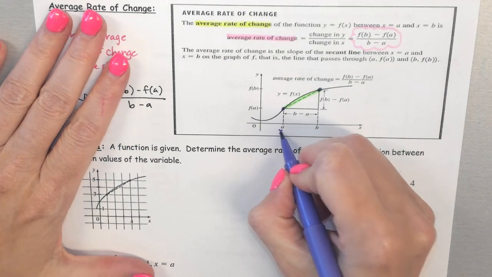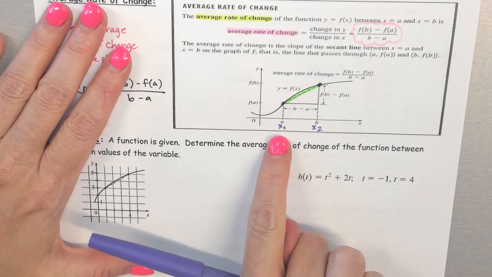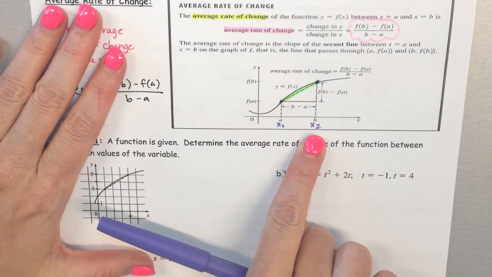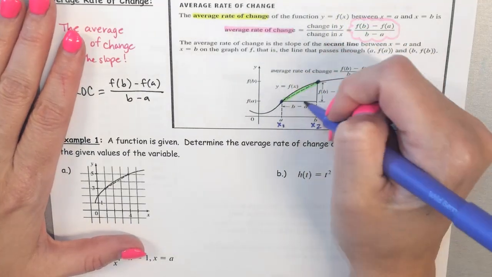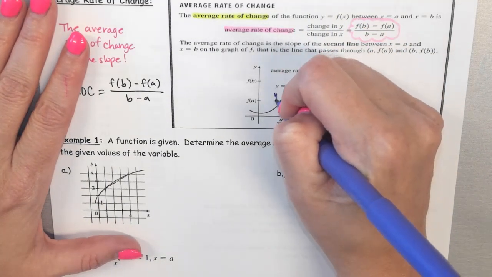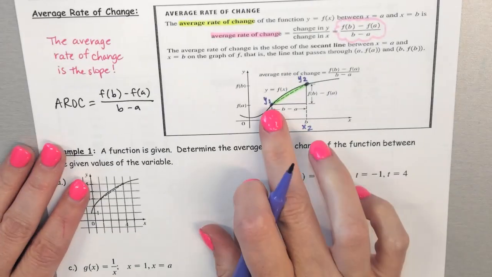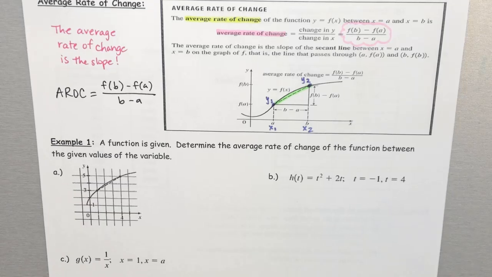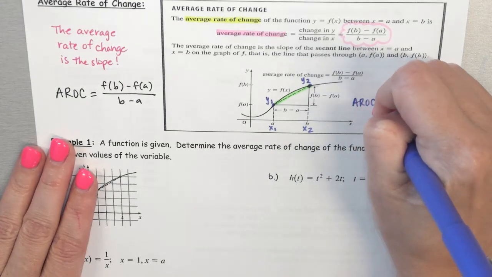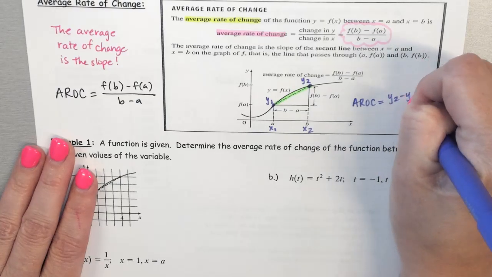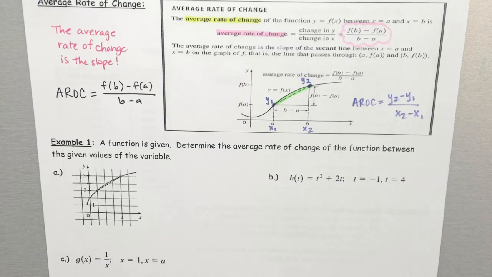So if we compare this to what we're used to doing, your inputs, a and b, are like x1 and x2. Your output, f of b, is the same thing as your y1. Or in this case, f of a and f of b. So if you want to think of this as y2 minus y1 over x2 minus x1, you can absolutely do that.